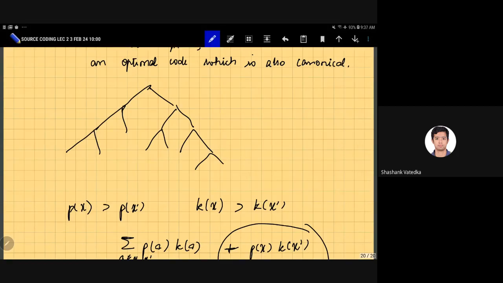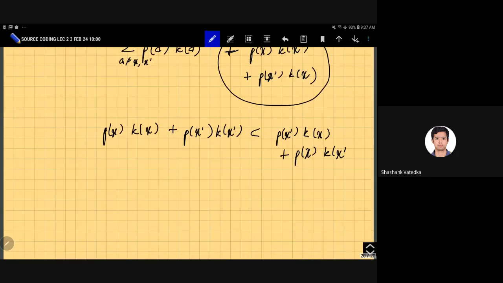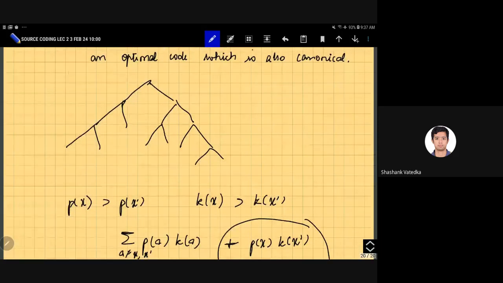Correct. So in fact, it is not possible. Let us think about why that's not possible. Think about it in terms of the code word tree.